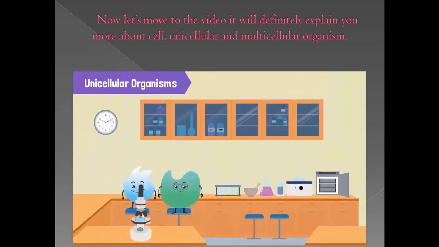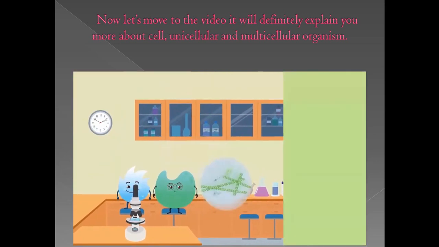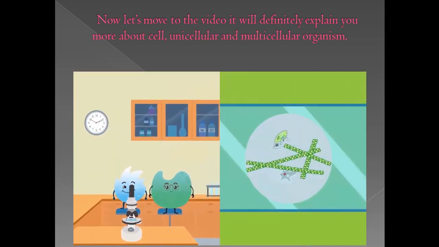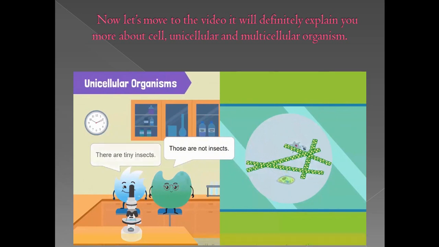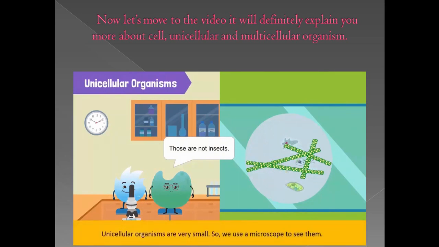So, Spiky, what do you see? Oh, there are tiny insects in the water. No, Spiky, those are not insects. They are unicellular organisms. We couldn't see them before because a single cell is impossible to see with the naked eye, which is why we are using this microscope.